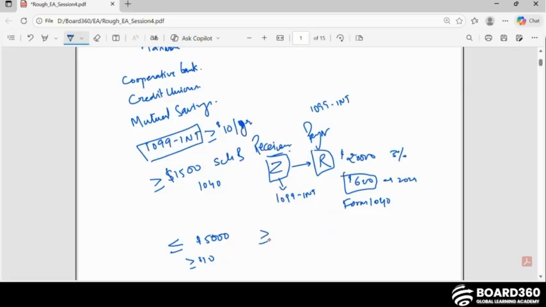For deposits of more than $5,000, the threshold is $20. That means any gift of $20 or more needs to be reported if the deposit is more than $5,000.